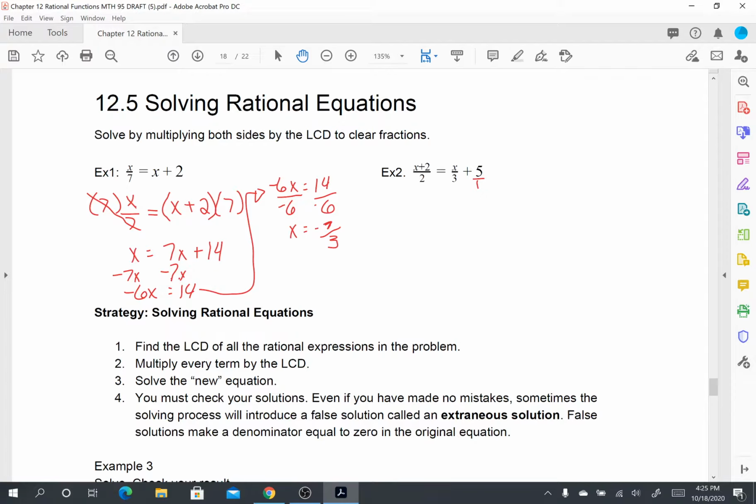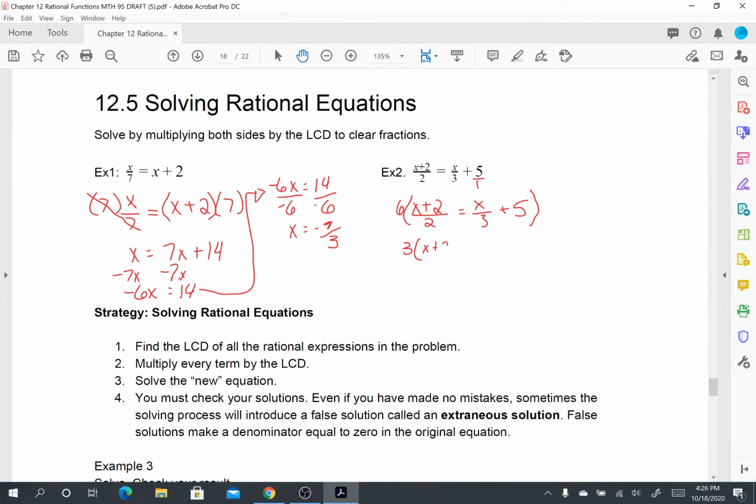Let's multiply everything by 6 and see if it clears the denominators. So we're going to multiply the entire equation by 6. I'm going to have 6 over 2 or 3.